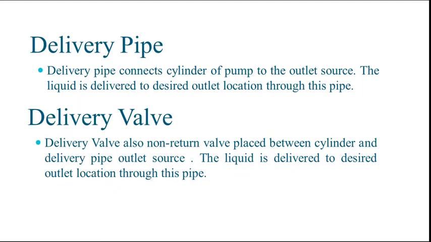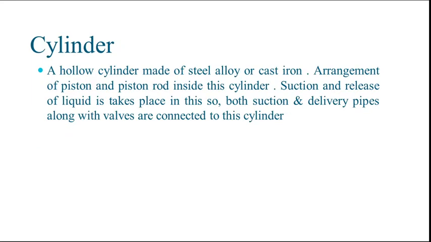Delivery pipe. Delivery pipe connects the cylinder of the pump to the outlet source. The liquid is delivered to the desired outlet location through this pipe. Delivery valve. Delivery valve is also a non-return valve placed between the cylinder and delivery pipe outlet source. Cylinder.